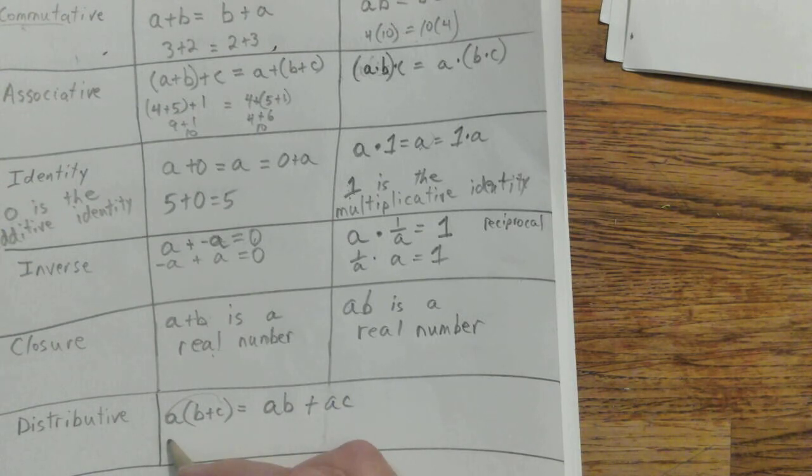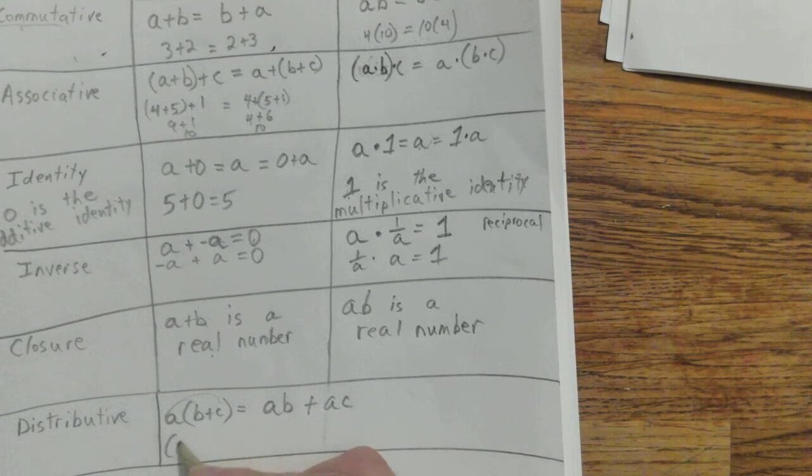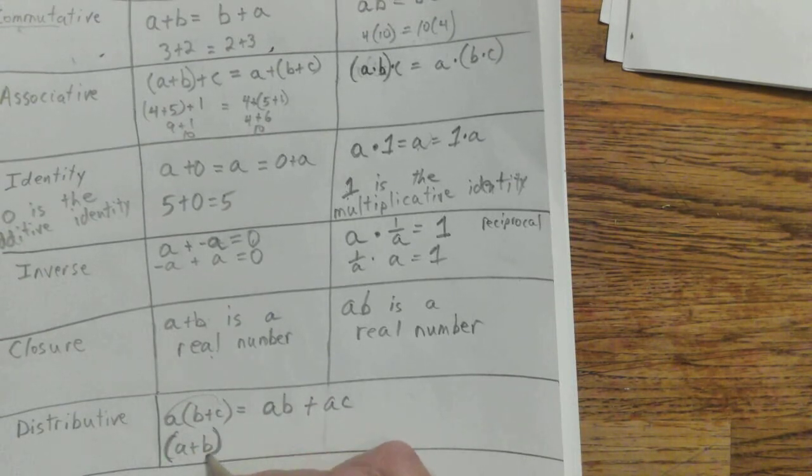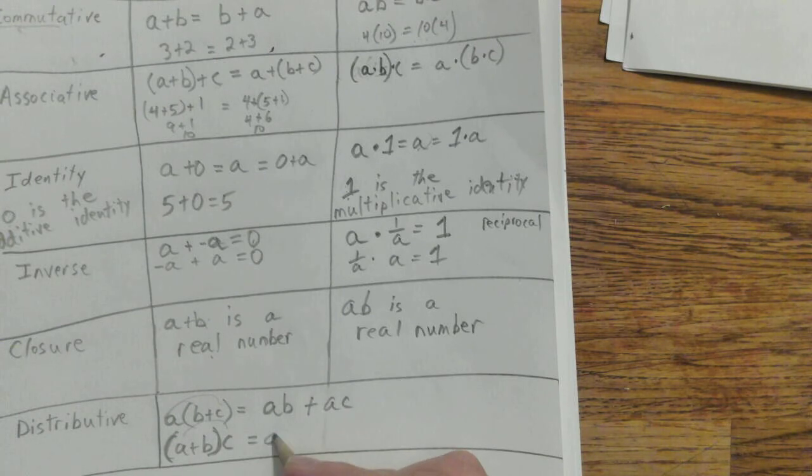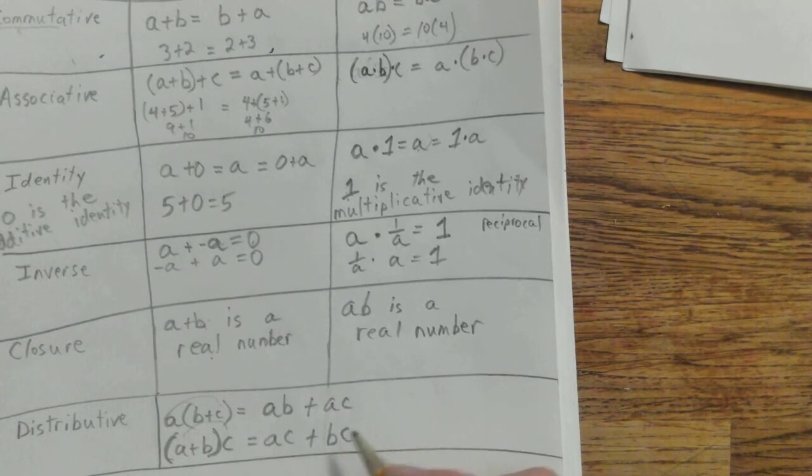Also, if I were to take a plus b, this is a set of parentheses, and multiply that by c, I would distribute, you can distribute from the other side too. A times c plus b times c.